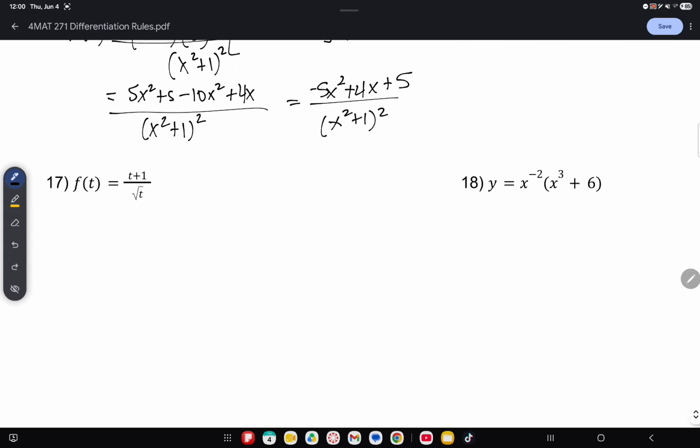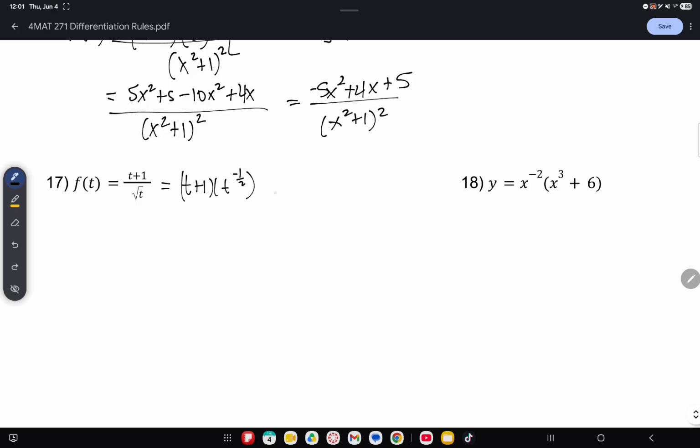All right, we can do a couple things with this. You could apply quotient rule because that is the quotient of two functions there. So could do that. I see this as t plus 1 and then multiplied by t to the -1/2.